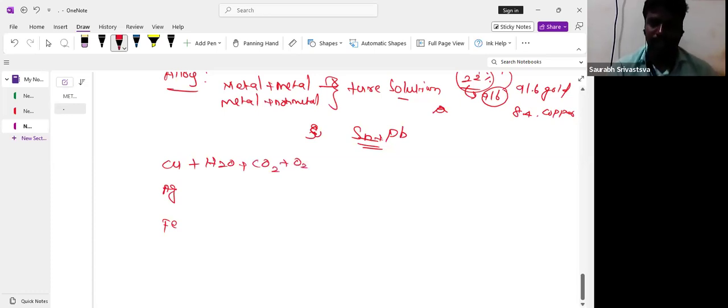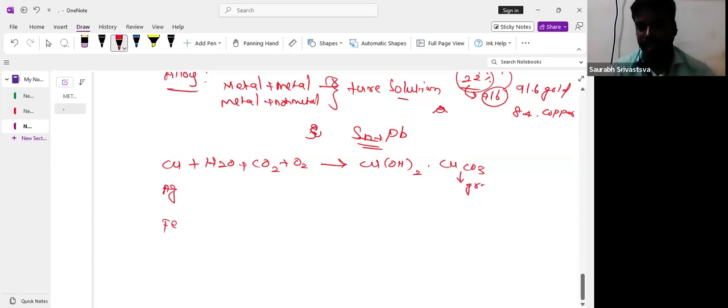So these elements will react with the copper. Then you will get copper hydroxide and copper carbonate, CuCO3. So this compound formation indicates the green color, and on the ring, it will show the green color ash.